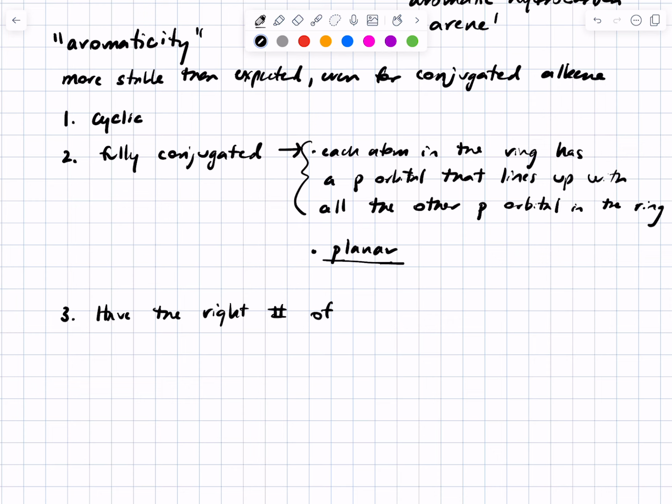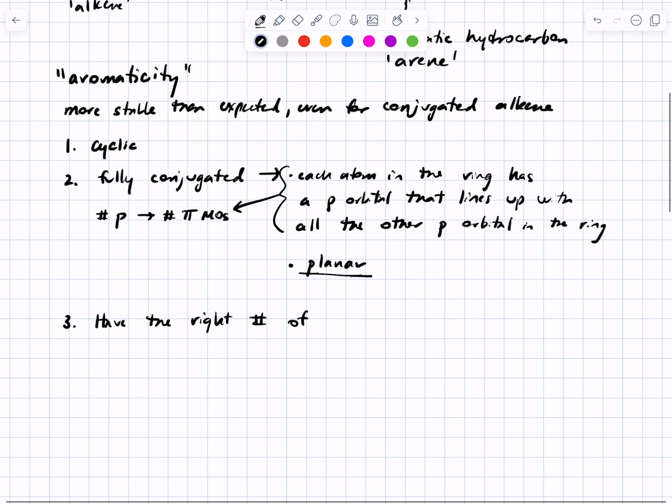So what I'm telling you is we mix whatever number of p orbitals together and we get the same number of pi molecular orbitals out. And those pi molecular orbitals are going to be filled by what I'm going to call pi electrons. Those are electrons involved in the conjugated pi bonds of the ring.